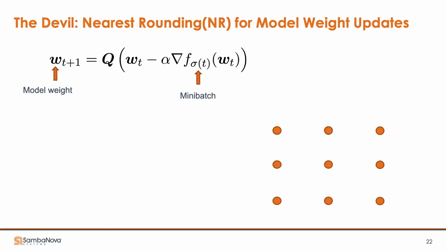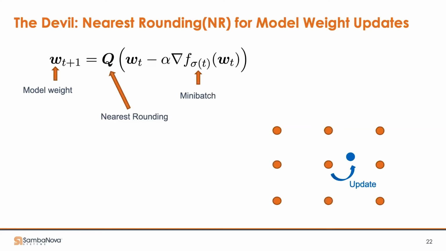Suppose the optimizer that you're using is simple stochastic gradient descent. Then your updated weight value is going to be the current weight value minus your learning rate times whatever gradients you have calculated. Once you get the updated weight value, because you need to be within the 16-bit precision regime, you do nearest neighbor rounding to get to the precision that you want.